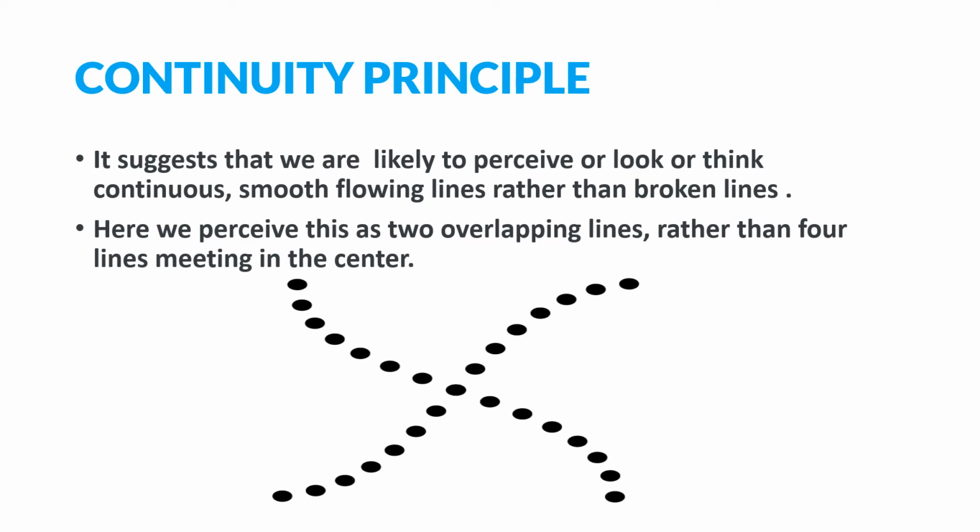Next is the continuity principle. The continuity principle says that in this picture we are likely to perceive continuous, smooth flowing lines rather than broken lines. In two ways we can look at this picture: broken lines in the middle and center, but first our brain will think of smooth flowing lines rather than broken lines.